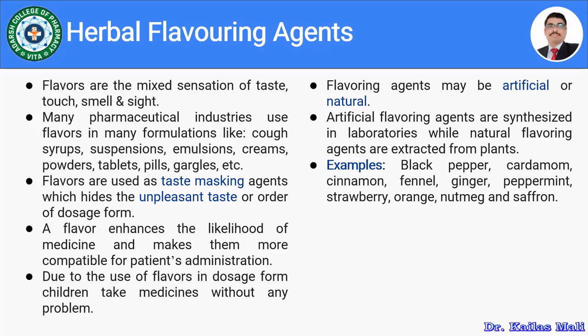Flavoring agents may be artificial or natural. There are two types of flavors used in pharmaceutical dosage forms: one is known as artificial, and the second is known as natural. Artificial flavoring agents are synthesized in the laboratory, while natural ones are obtained from plants. And the natural flavoring agents are safer than the synthetic flavoring agents.